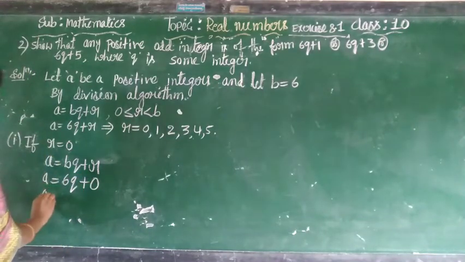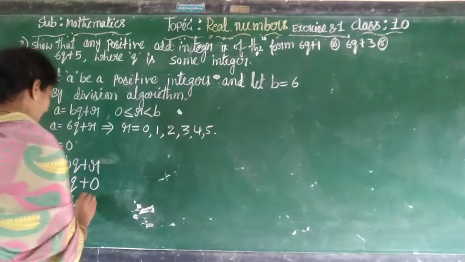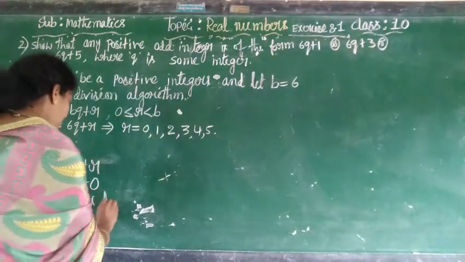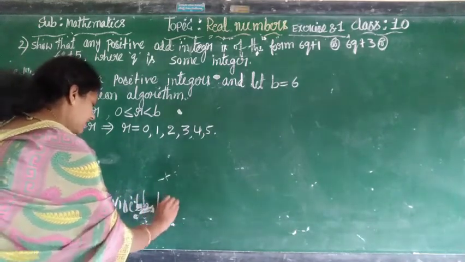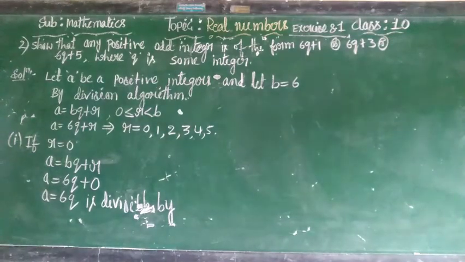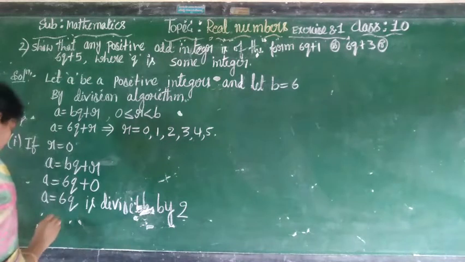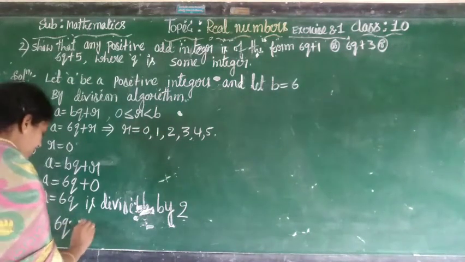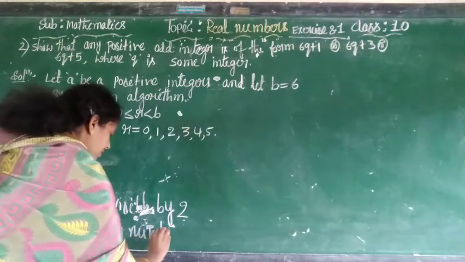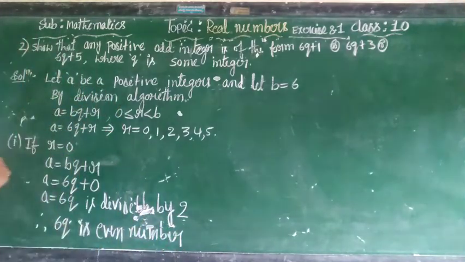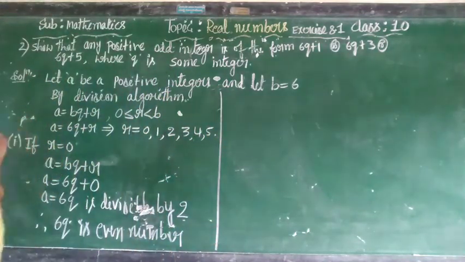So a is equal to 6q, which is divisible by 2. Therefore 6q is an even number.